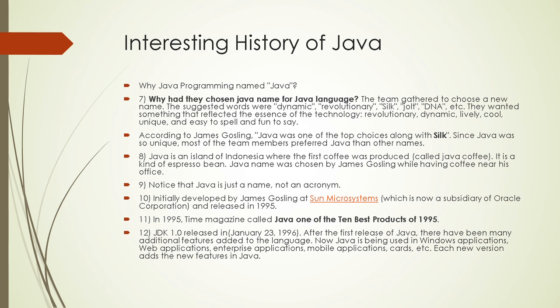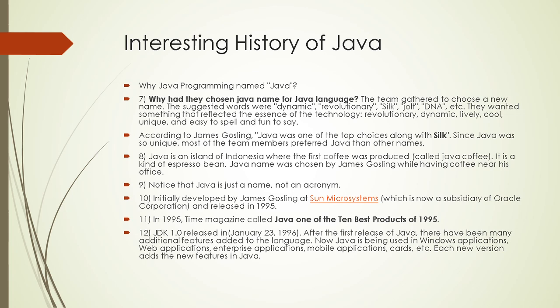So first it started in 1995 with a team. Currently we know the name of this language is Java, but earlier the name was something else. First it was called Green Talk by James Gosling.